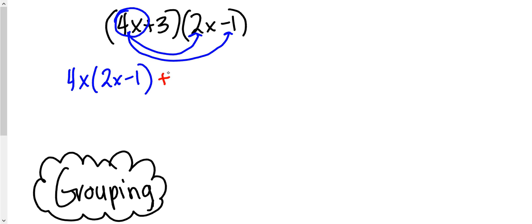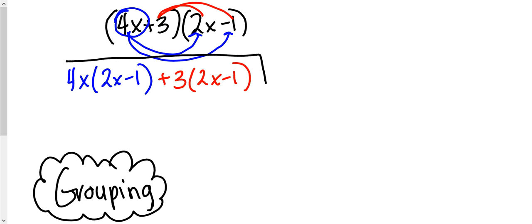And then I'm taking 3 and multiplying by 2x minus 1. So really, this whole expression could be written in this way. These are equivalent expressions, just written in a different way. So that's the first thing that we need to understand when we're looking at the grouping method.